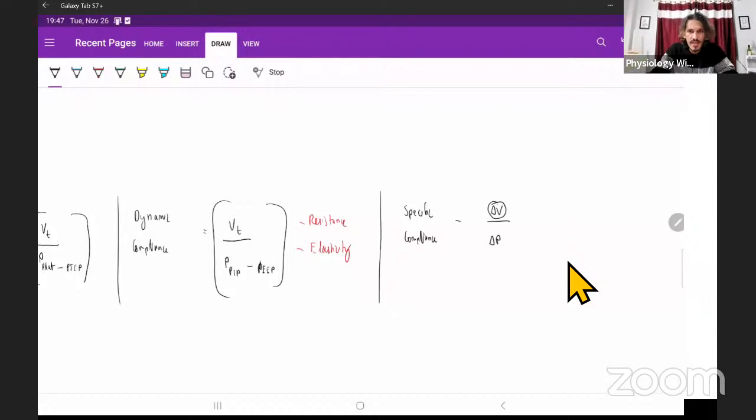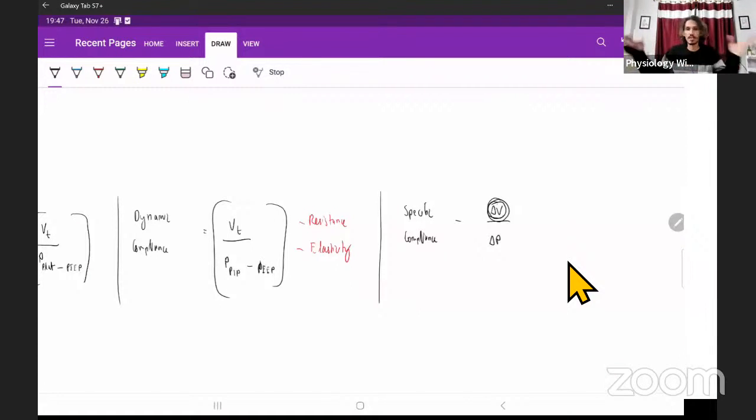Can you see that the compliance is higher in an adult? The lung volume itself is higher in an adult, so obviously the delta V is going to be higher over there. You can't say that the compliance in that person is higher just because the surface area is so much lesser in a kid.